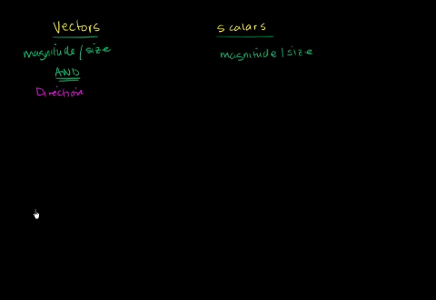For example, let's say that that's the ground right there. Let me do the ground in a more appropriate ground-like color. So this is green right over here. And let's say that I have a brick on the ground. And I pick up that brick and I move it over to this place right over here.